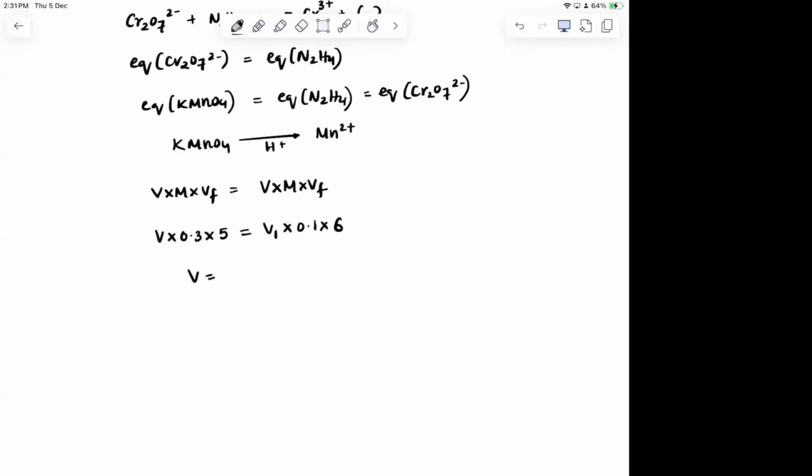So therefore V is equal to V1 into 6 by 3 into 5 here. So V1 into 2 by 5. So 2 by 5 times V1 is your final answer.